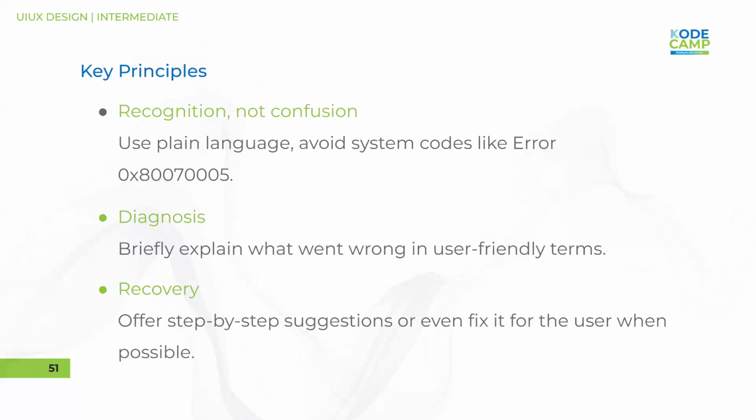The key principle is recognition and not confusion. If you are telling users that there is an error, use plain language. Avoid using error codes like error 0x. Users don't know what that stands for. What do you mean by error? What do I do with the error code?